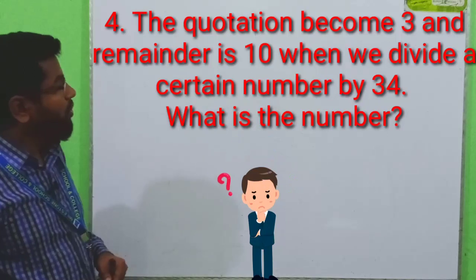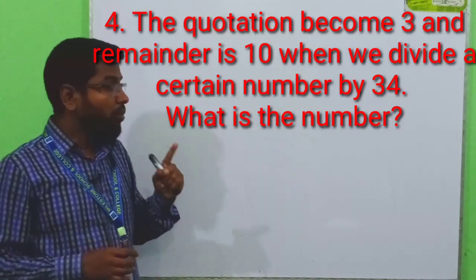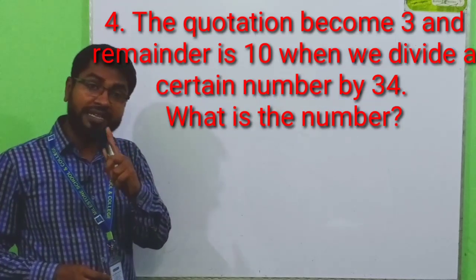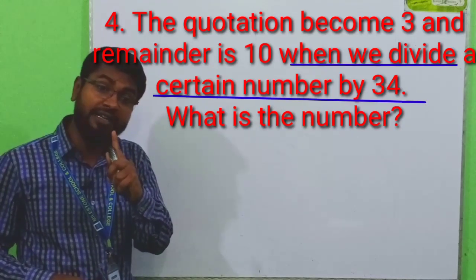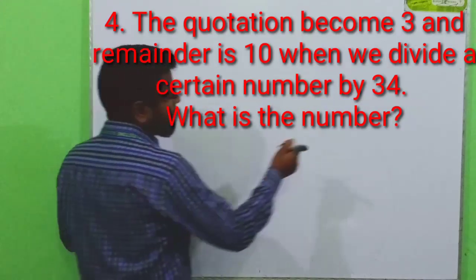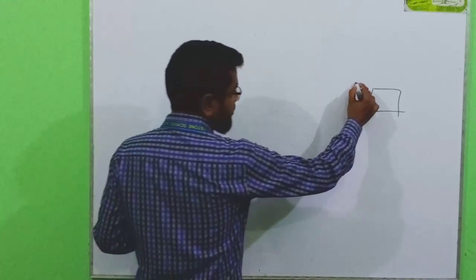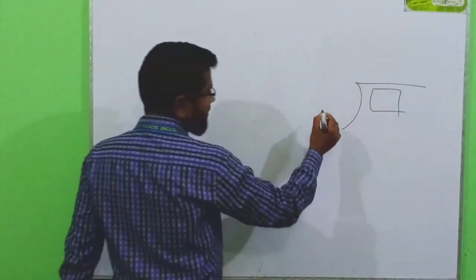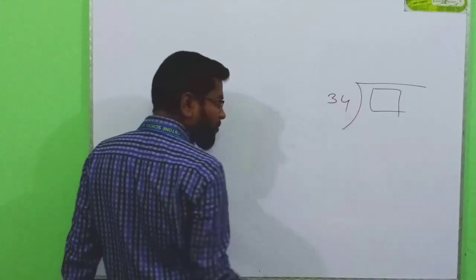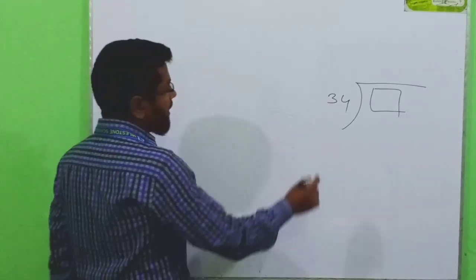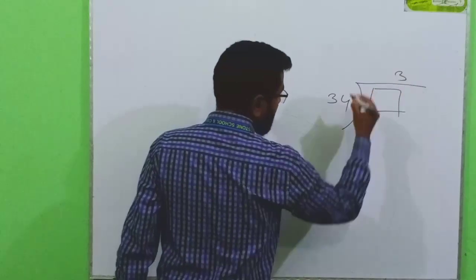So look, when we divide a certain number by 34, that means the certain number, I don't know what it is, we have to divide by 34. Now the quotient becomes what? 3.